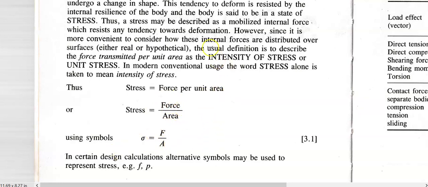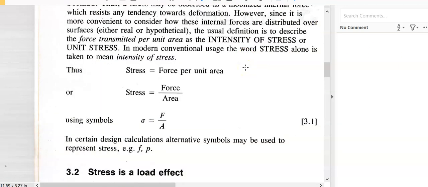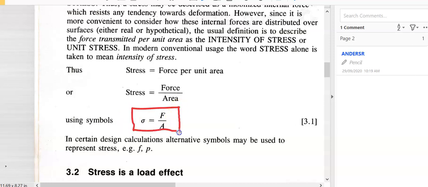The very first big thing in this section is stress. Stress is equal to force over area. That's the very first big one I want you to imprint on your brain forever. Stress is equal to force over area.